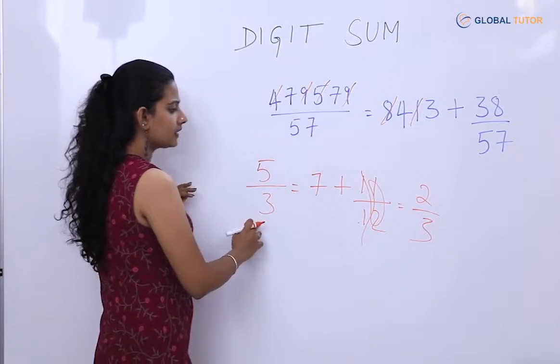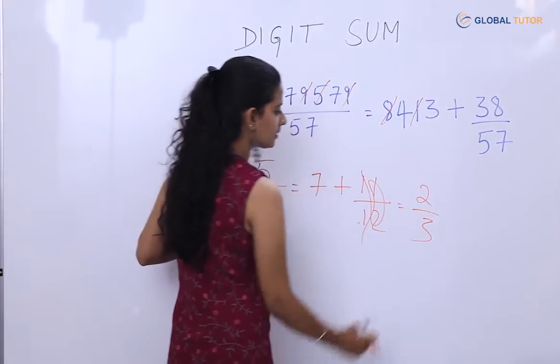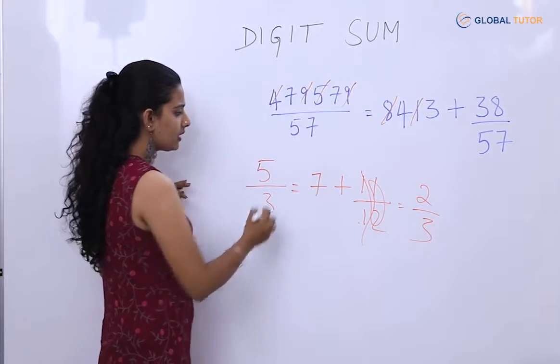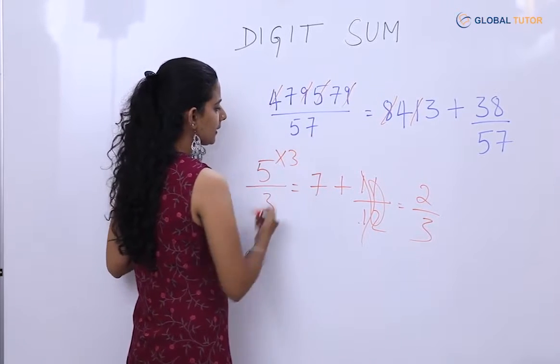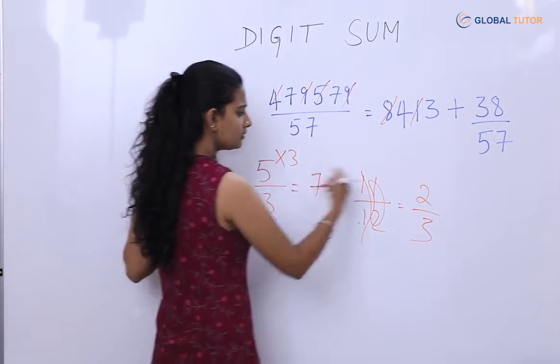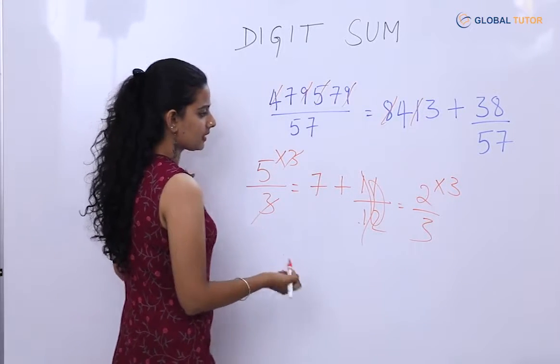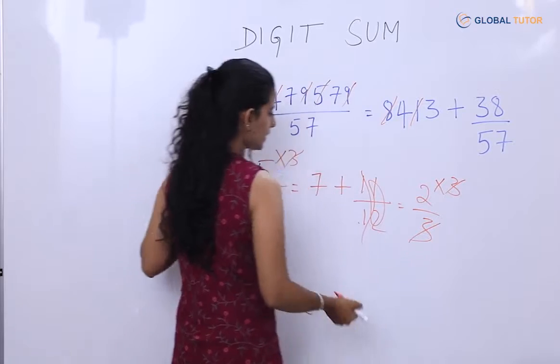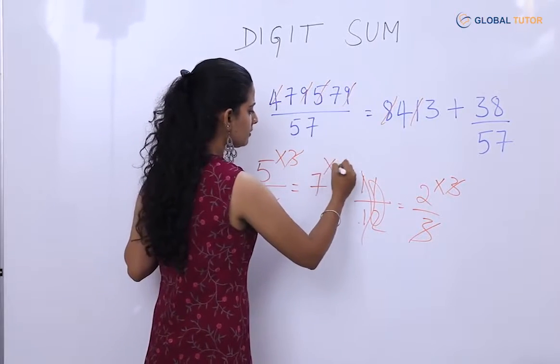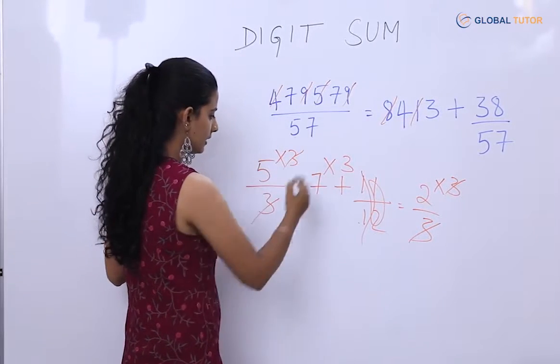Now we have 3 in the denominator on both sides. So to eliminate that, we are going to multiply by 3 on the numerator on both sides. So here this 3 and this 3 get cancelled. This 3 and this 3 get cancelled. So here we got 7 into 3.